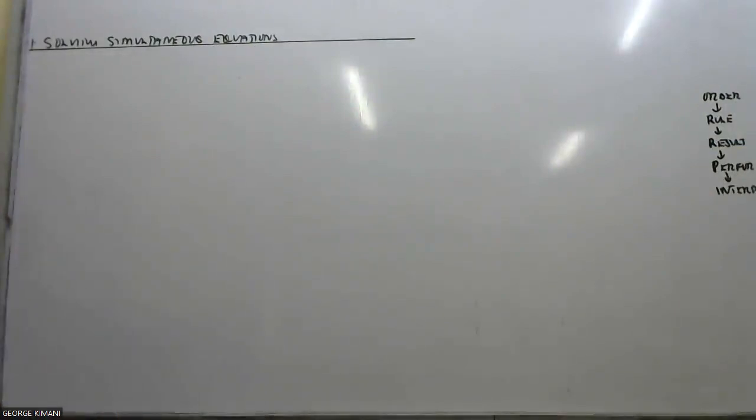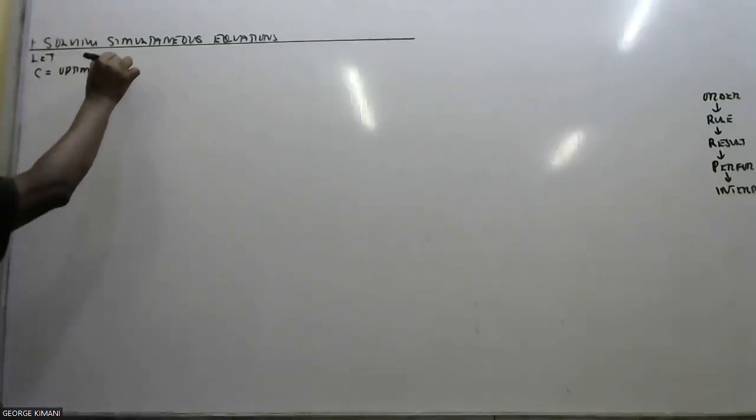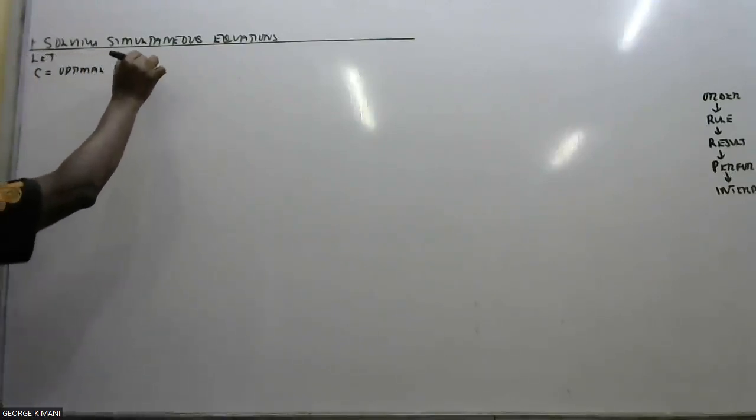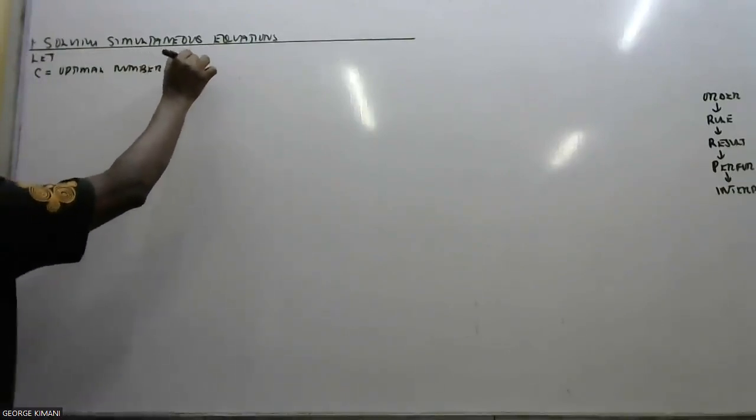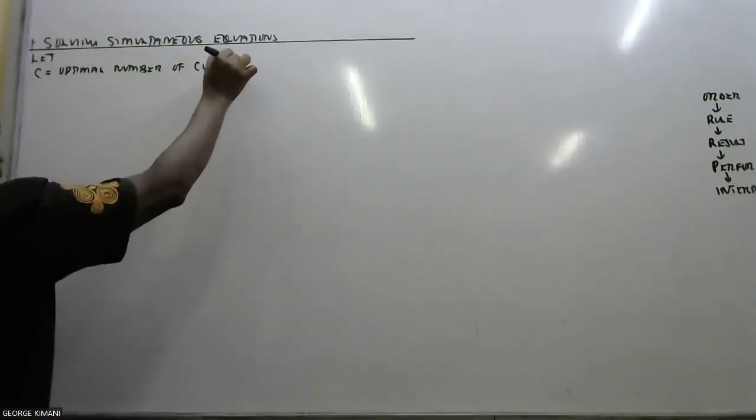Thank you. That's good. So the first thing we will say, let C be the optimal number of cups produced.